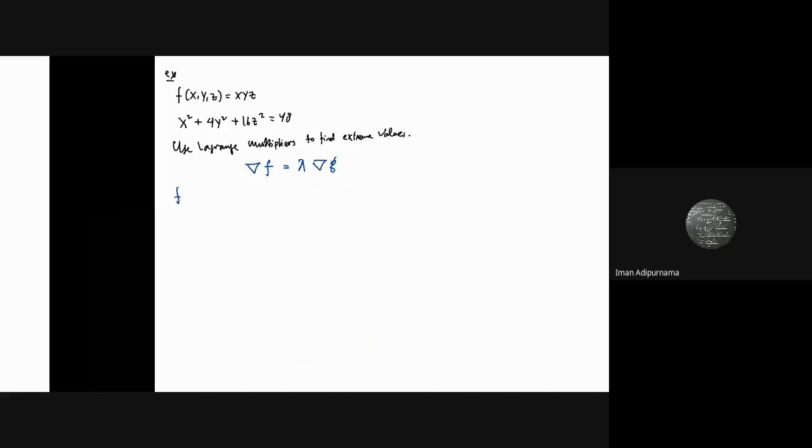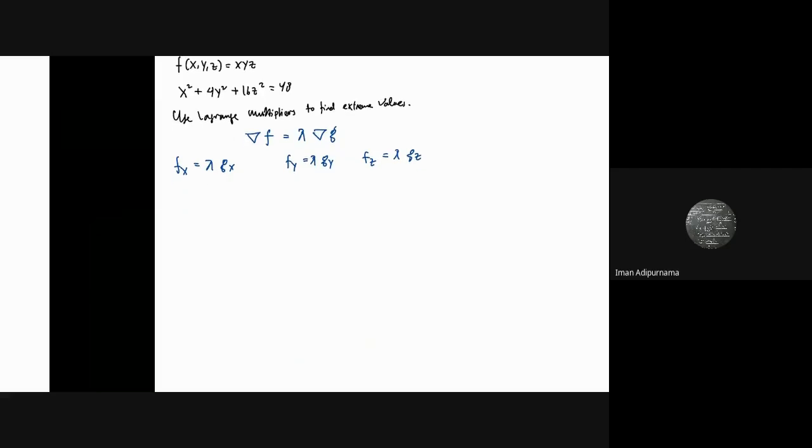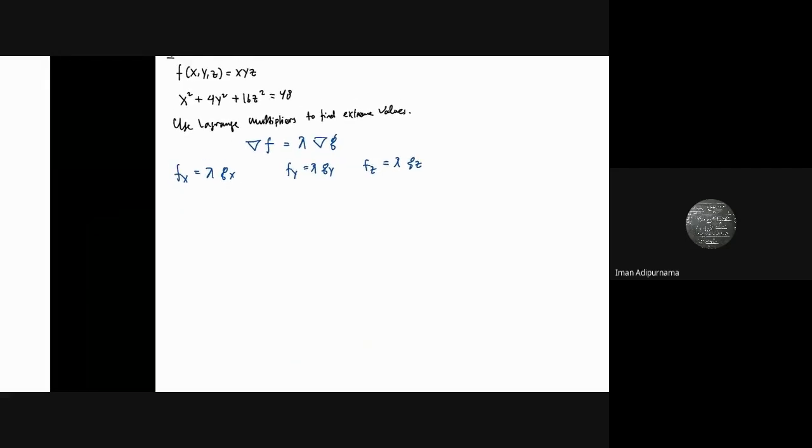And basically, you are taking all the x, y, and z for each partial, right? But it depends on the function. You might see different steps, okay?